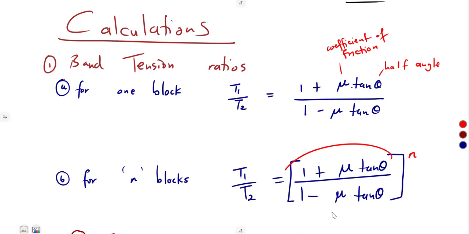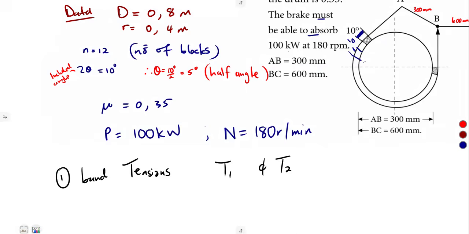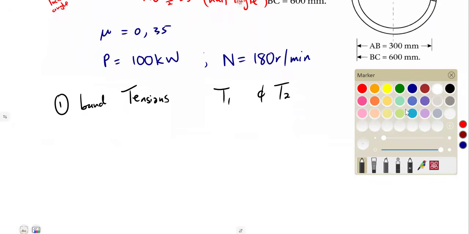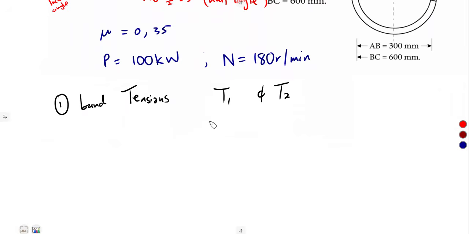As we have got everything, the half angle, everything we have. So we are going to have that one and have it T1 in terms of T2. It's going to depend with what, how you want to have your answers, all right?